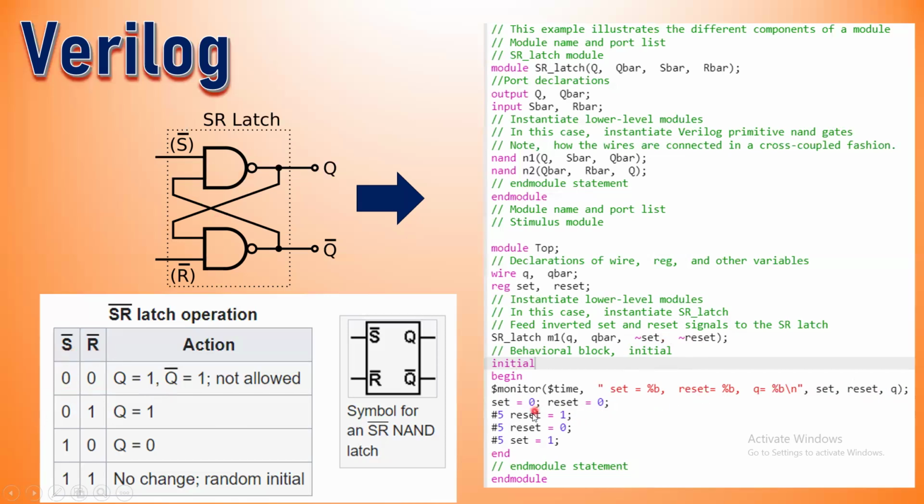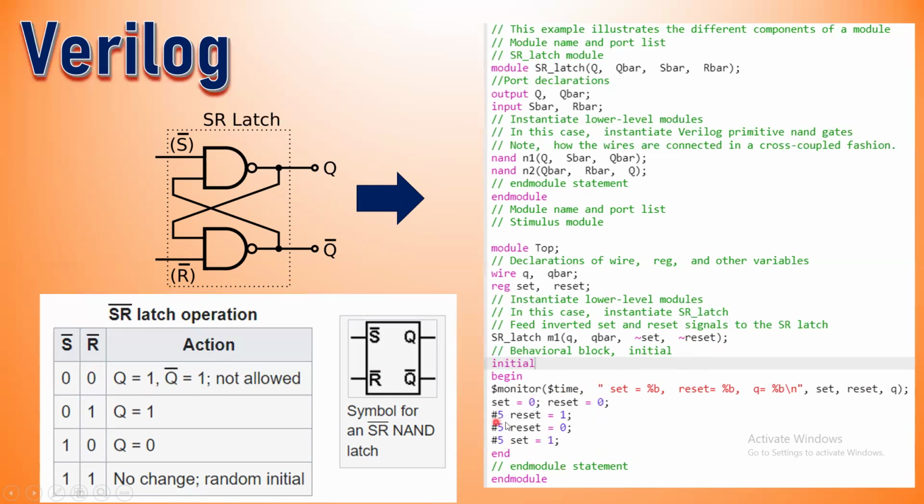So I will have inverted set and inverted reset, and for that, Q is equal to 1. We have seen the truth table before, and then we'll see in the simulation how this reflects.